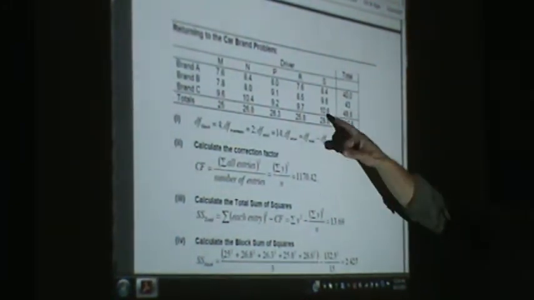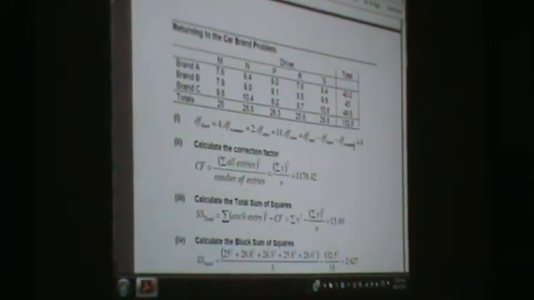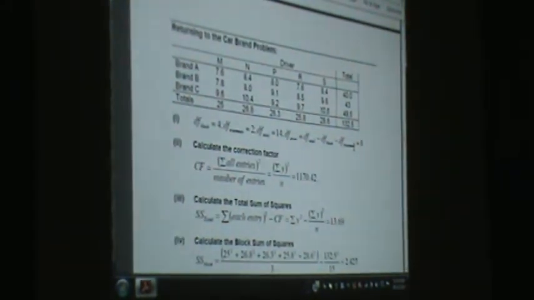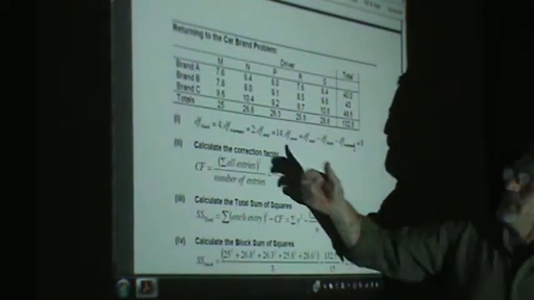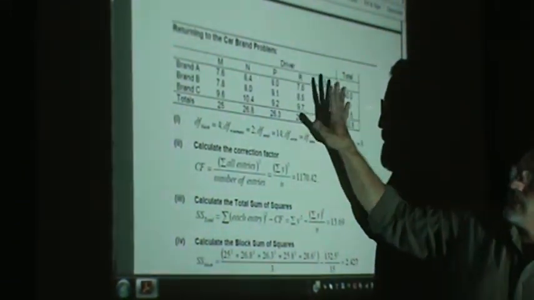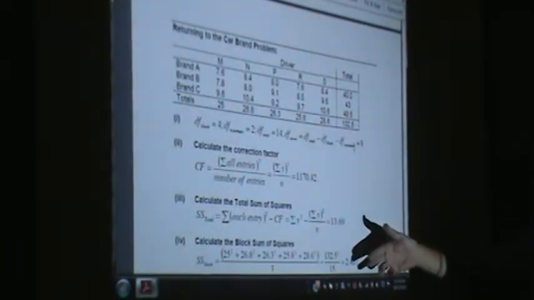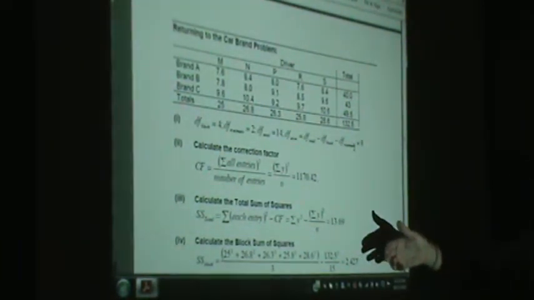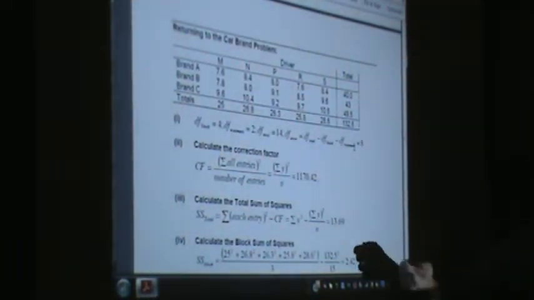Even my 69 Camaro doesn't get that bad. Sometimes maybe they're gallons per mile. So anyway, you've got 3 different cars with some sort of performance value and 5 different drivers that are your blocks. So they go through all this example, calculating each of those numbers.